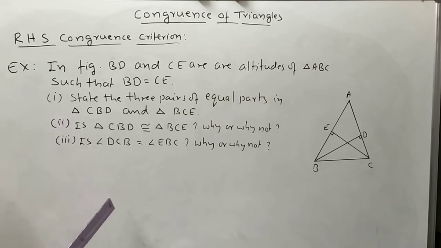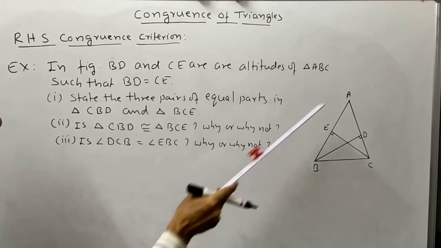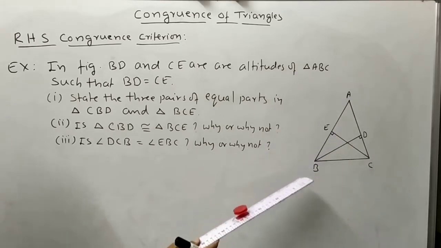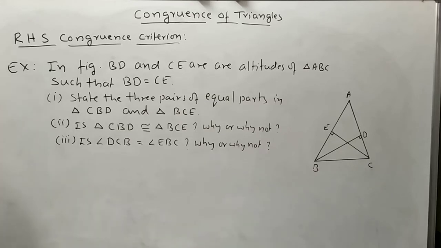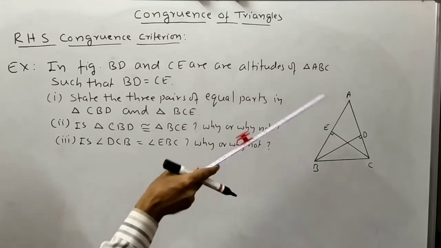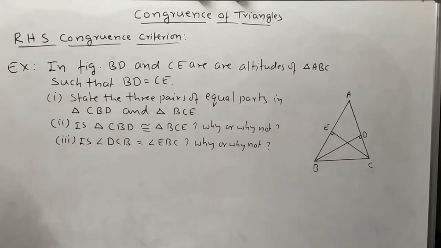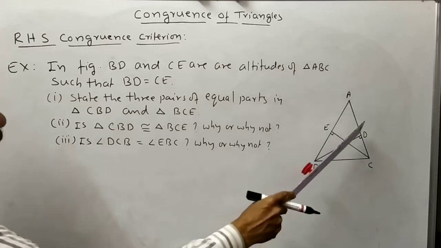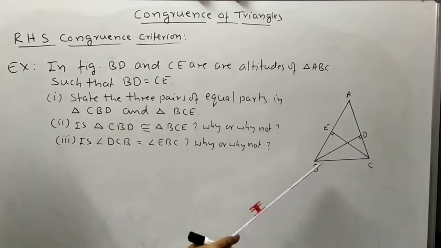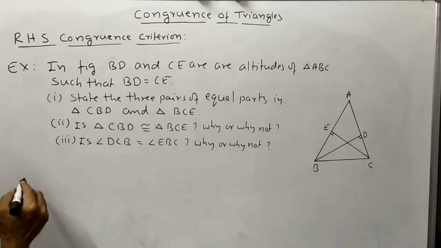State the three pairs of equal parts in triangles CBD and BCE. Second one. Is triangle CBD congruent to BCE? Why or why not? Third one. Is angle DCB equal to angle EBC? Why or why not?